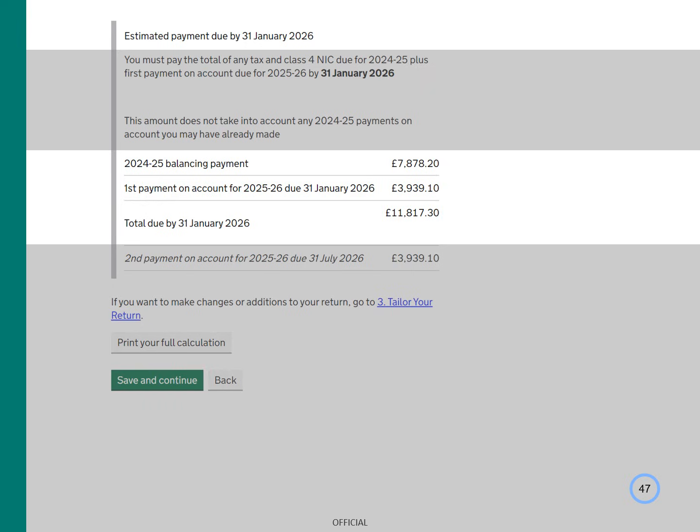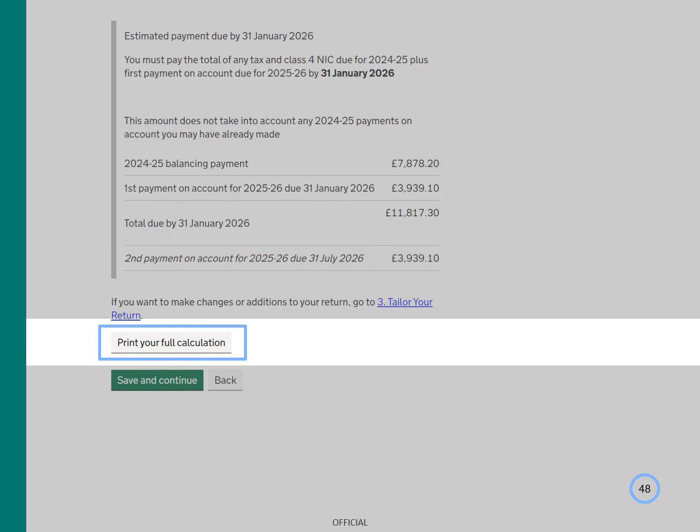Please remember these amounts do not take into account any 2024 to 2025 payments on account you've already made, or any other payments you've made or outstanding amounts on your self-assessment account.